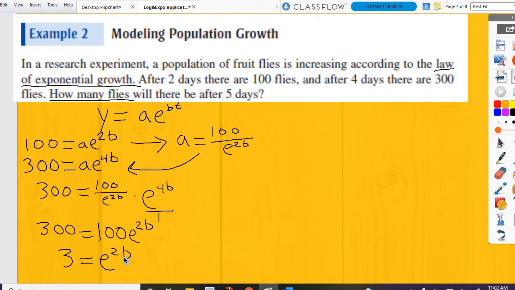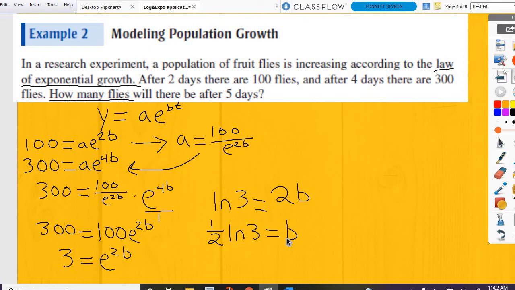So then what do we want to do? Take the natural log of both sides. So we would get that the natural log of 3. And when I do that, on the right side, notice that my e would reduce. So we're just left with 2B. Natural log of 3 equals 2B.